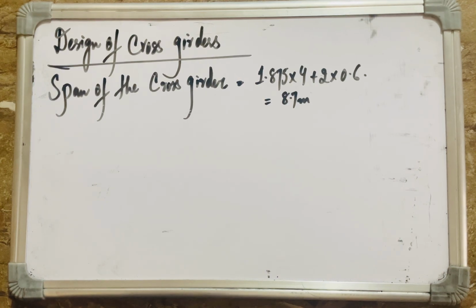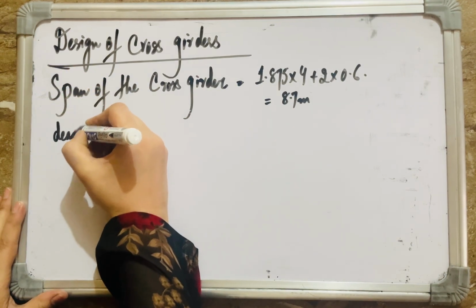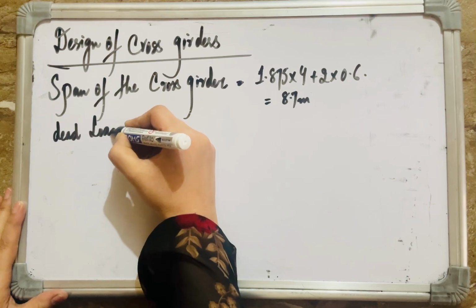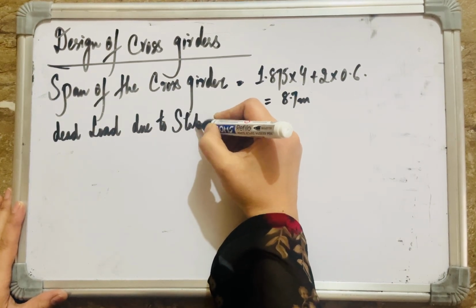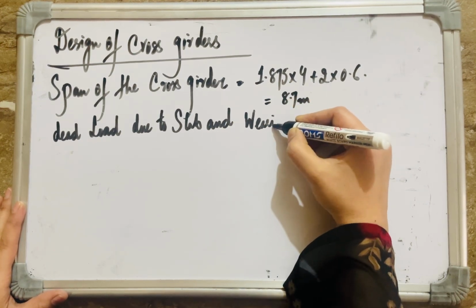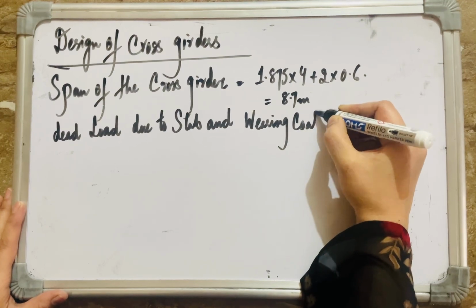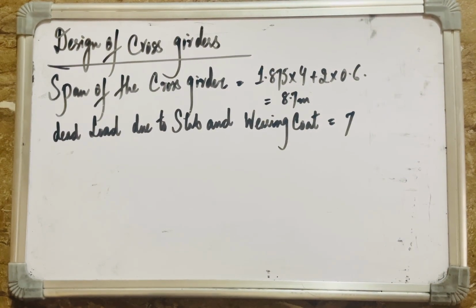After that, I have to calculate the dead load due to the slab and the wearing coat or the wearing course. Dead load due to slab and wearing coat is equal to, how much was the dead weight of slab and wearing coat?